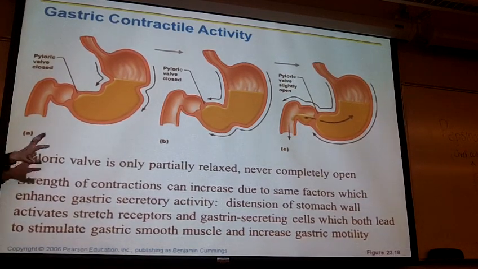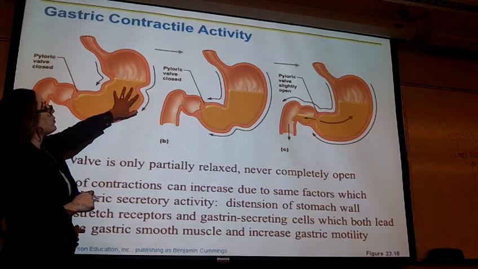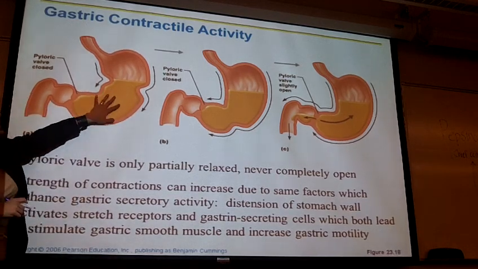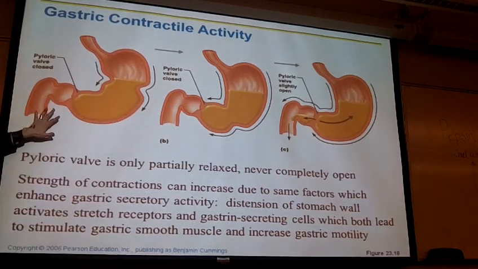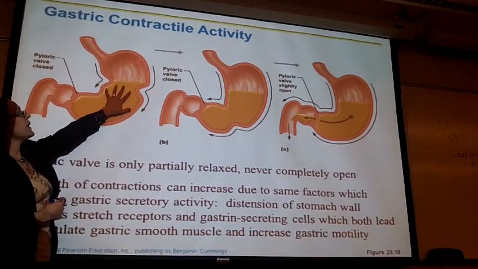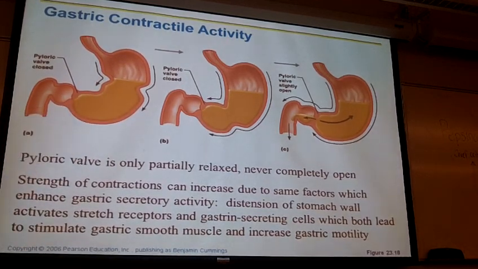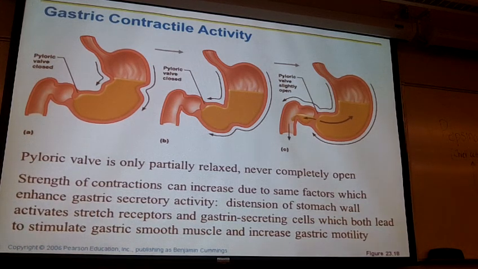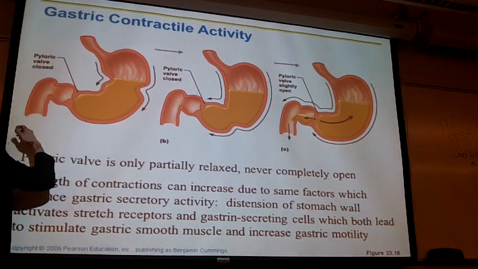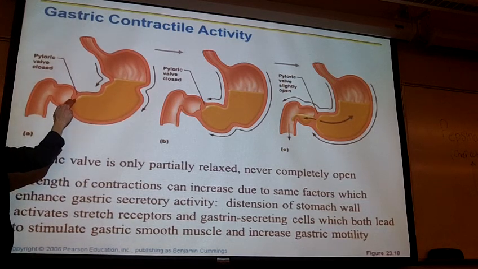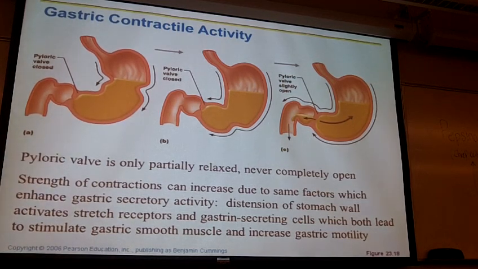So what that means is, even if we're at the point where we're moving chyme out of the stomach and into the small intestine, the stomach still has to store that food because it's going to take a while for that material to come over. So for chyme to come over, it has to be small enough to fit through that pyloric valve.